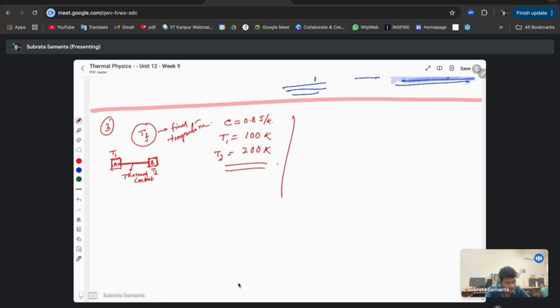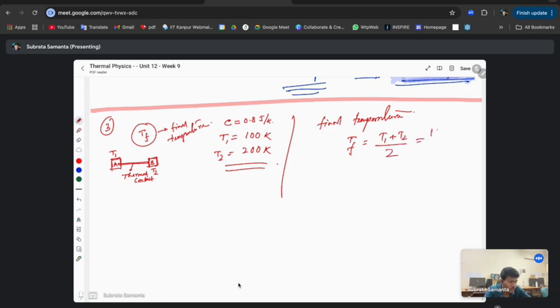Delta S1. First, we calculate the common temperature. So what is the final temperature? The final temperature TF is basically T1 plus T2 over 2.